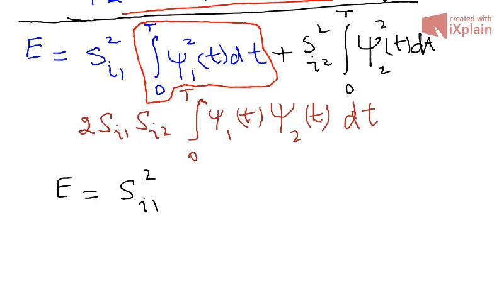So we already said that this is actually the energy of ψ1. So the energy of ψ1 is unity, so we get 1 here, and I will just write 1.